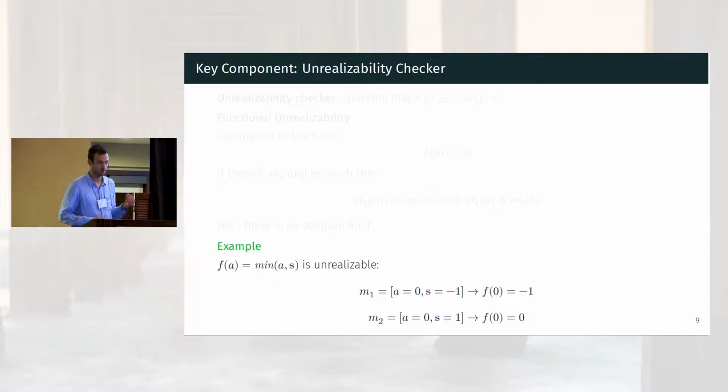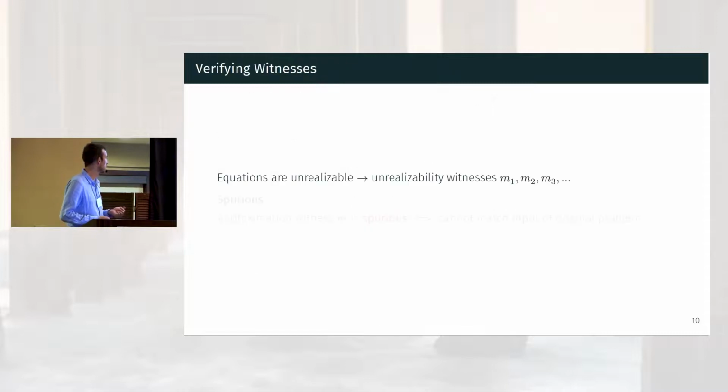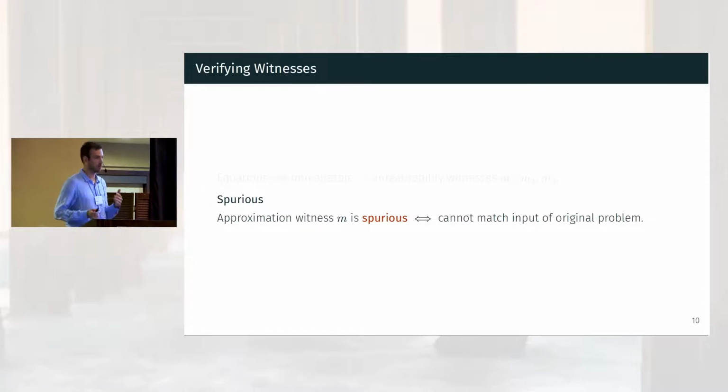So now that we have an unrealizability result for our approximation, what do we do about our more general problem, the original problem with the recursive functions? So we need to check whether this unrealizability witness is spurious or not. Intuitively, we want to know whether the values that we have in the witnesses in the model correspond to values that can exist in the more general problem with recursion.